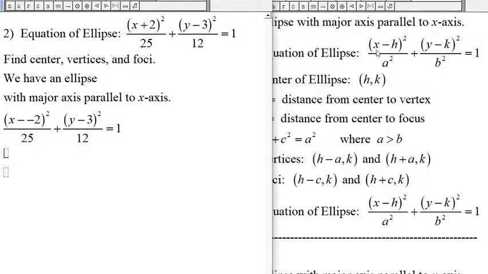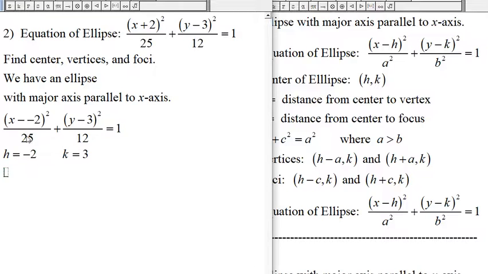Since we have x minus, and then whatever comes after that is h, and then we have y minus k. So in this case, we have x minus negative 2, so h is equal to negative 2. And then we have y minus k, so k will be 3.